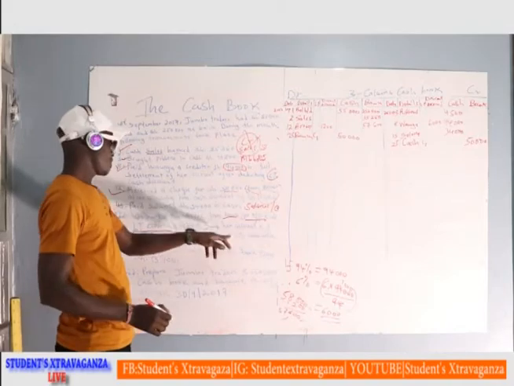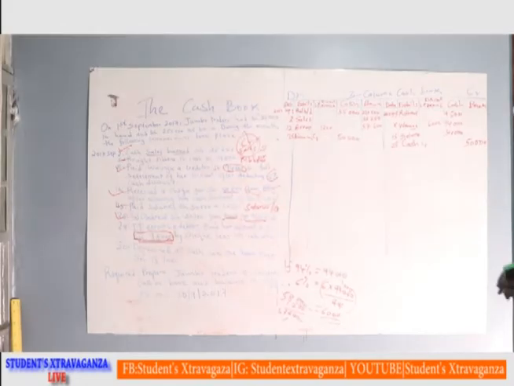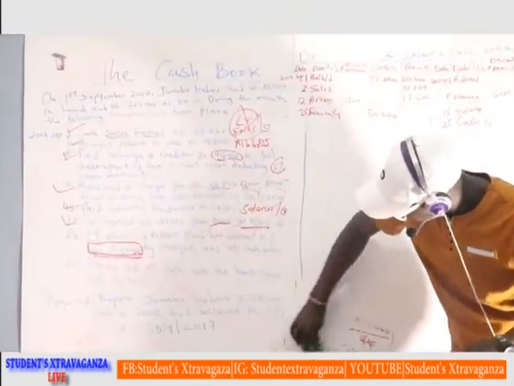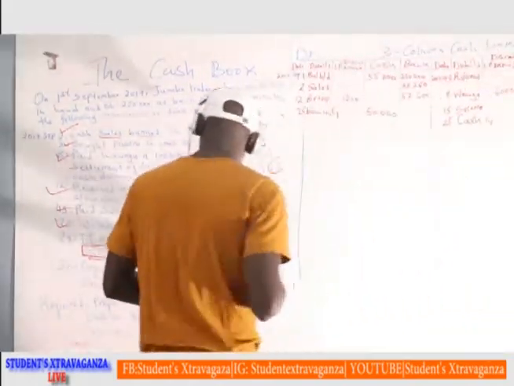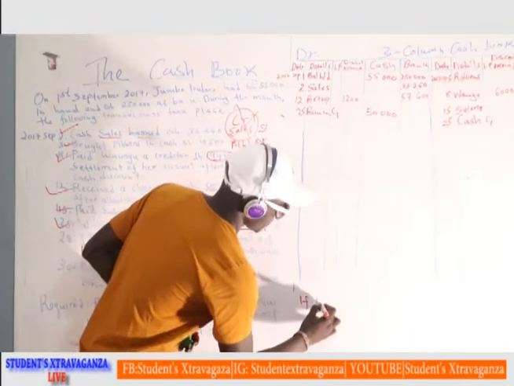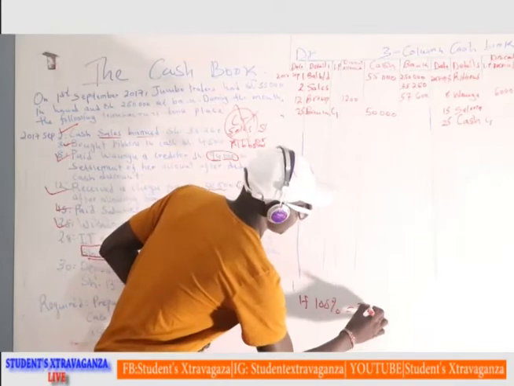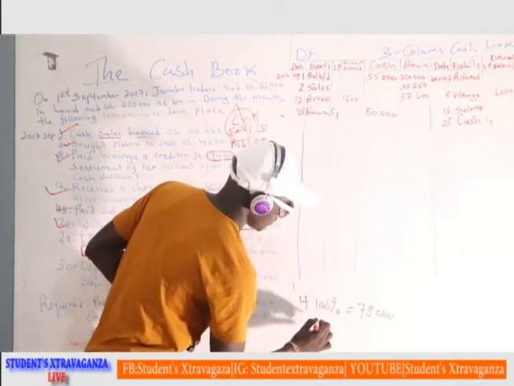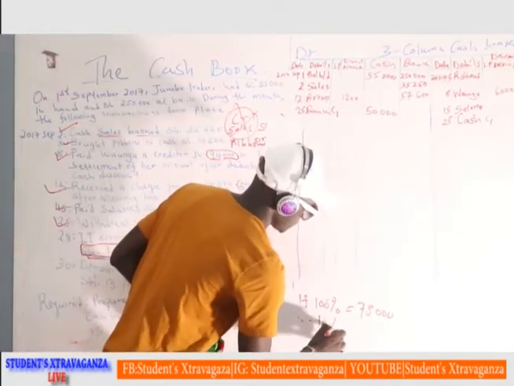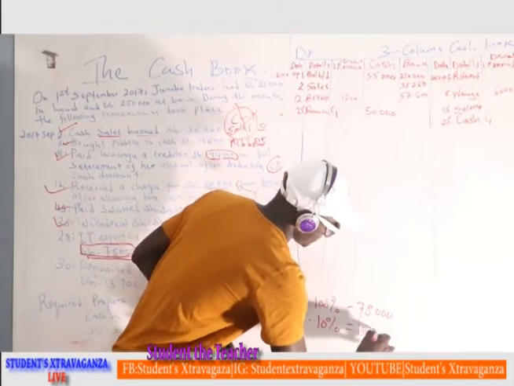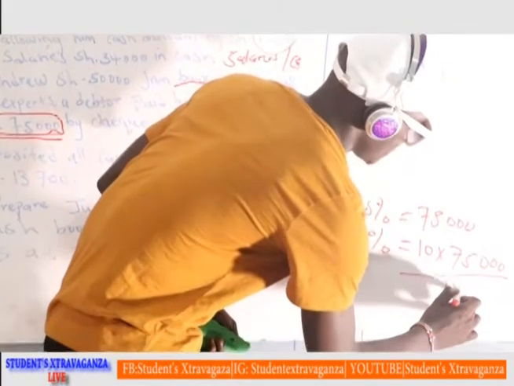Let's get the discount. Let's calculate that. If 100% equals 75,000, the discount that was allowed is 10%, which will be 10 times 75,000 divided by 100.